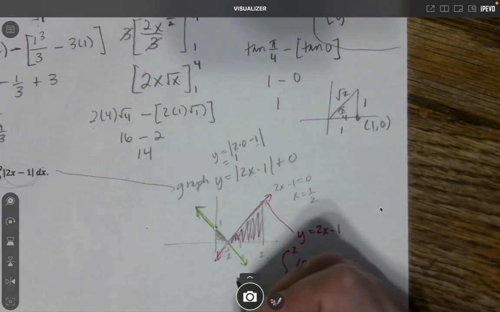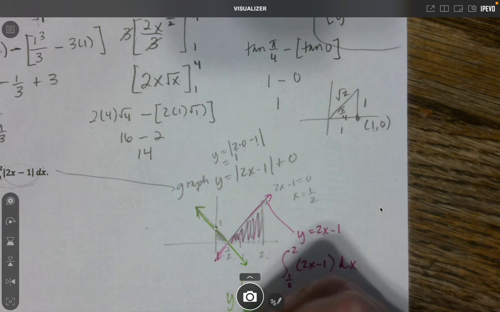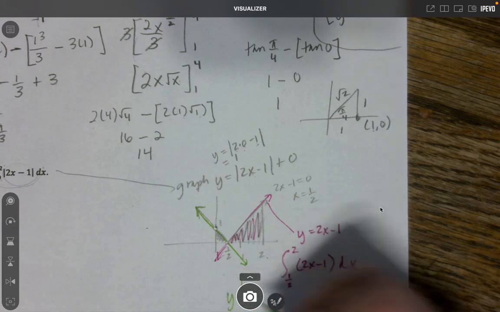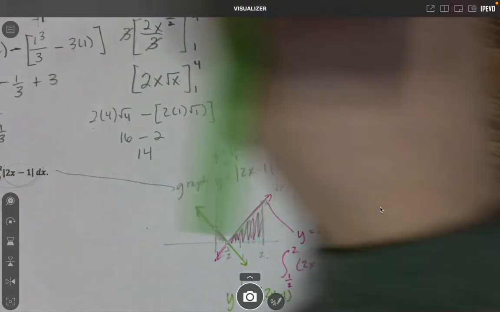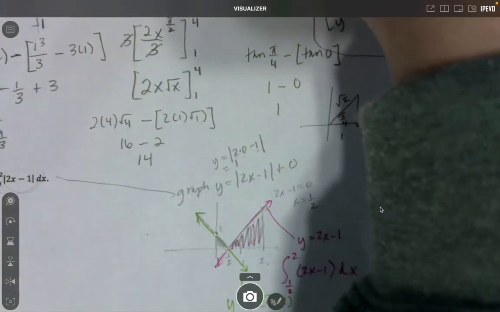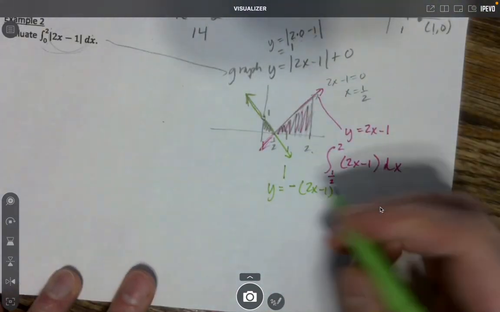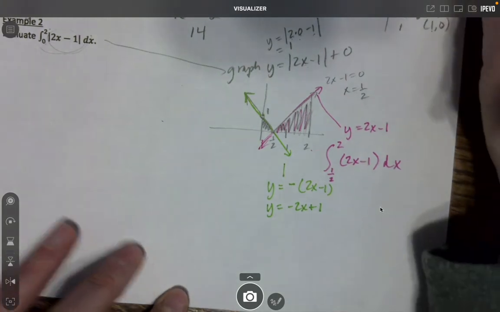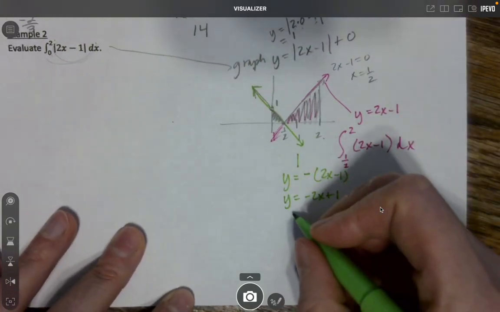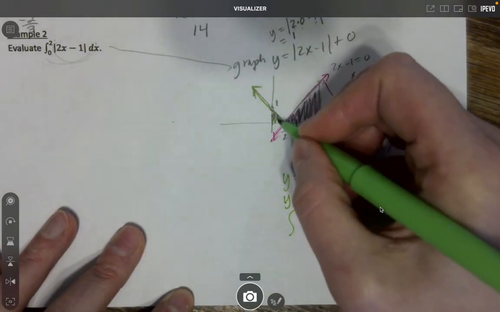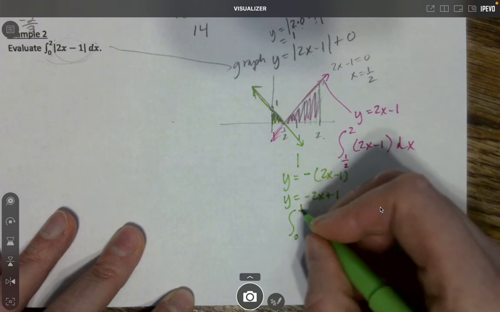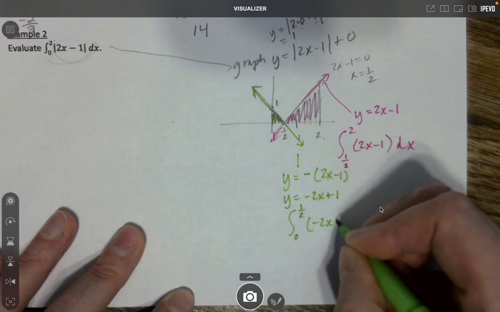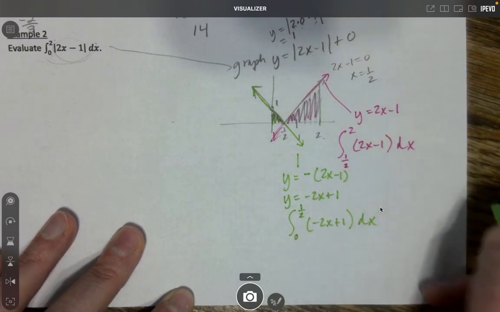So if I'm finding the equation of this line, it's really going to be the negative of the other one, which is going to be, I guess I've got to move my paper up here, a negative 2x and a plus 1. And when I do this integral, I'm looking at only this little green area, from 0 to 1/2 of negative 2x plus 1 dx.